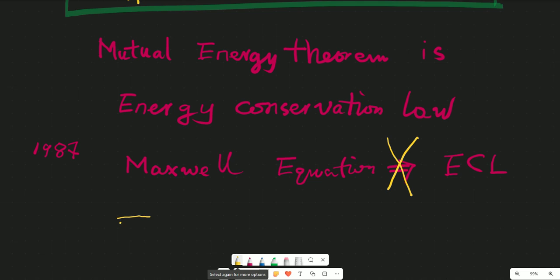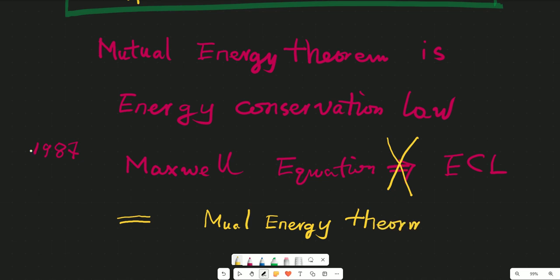However, we still can use Maxwell equation to derive the above formula, derive the mutual energy theorem. That means we cannot, from Maxwell equation, get the energy conservation law. However, we still can get a mutual energy theorem.